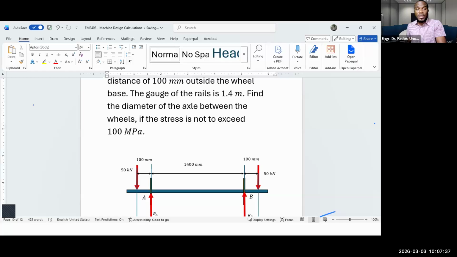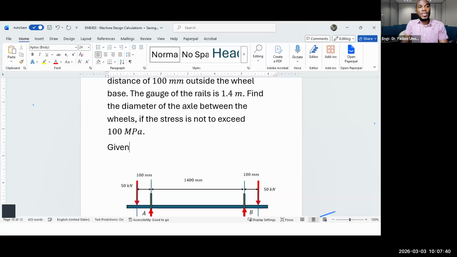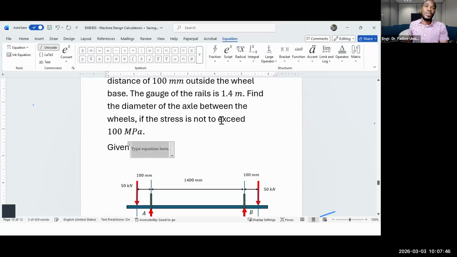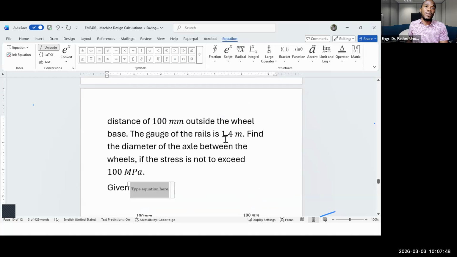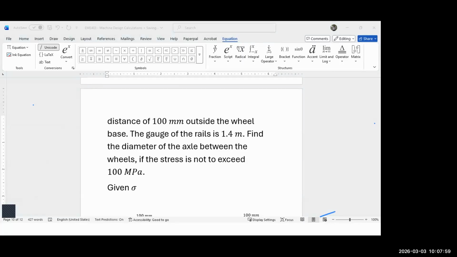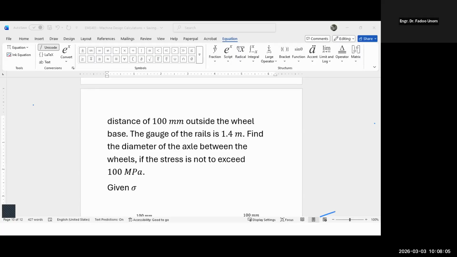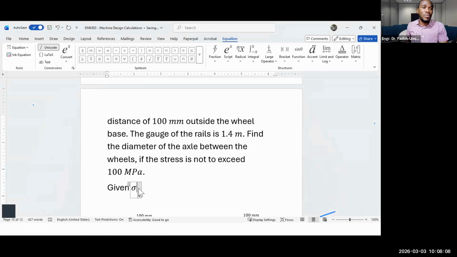Okay, so let's come back here and let's do what we're given. We're given that the bending stress, sigma B, is 100 megapascals.